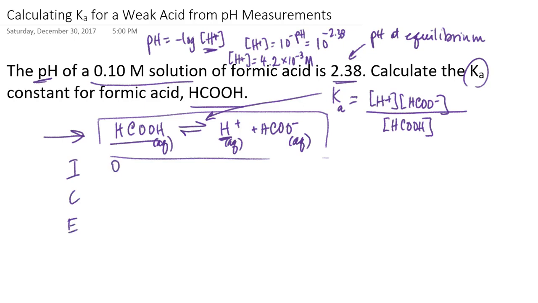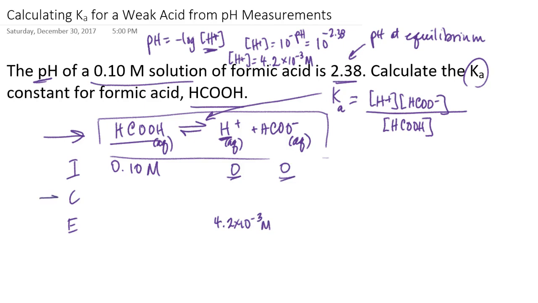And initially, my concentration of the formic acid is 0.1 molar, and in the instant in which the formic acid is placed in solution, there is no hydrogen ion or formate ion just yet. But I know that at equilibrium, I have a hydrogen ion concentration of 4.2 times 10 to the negative third molar.